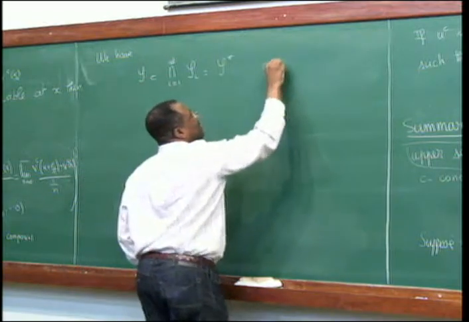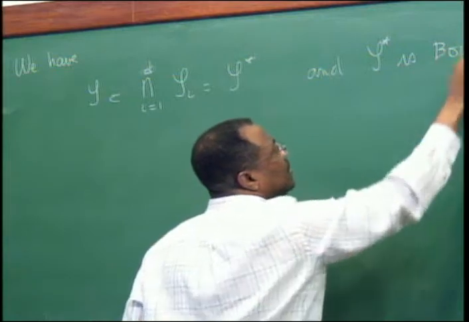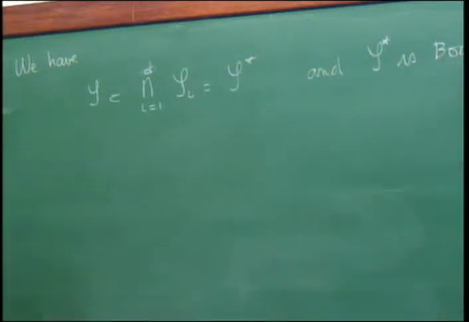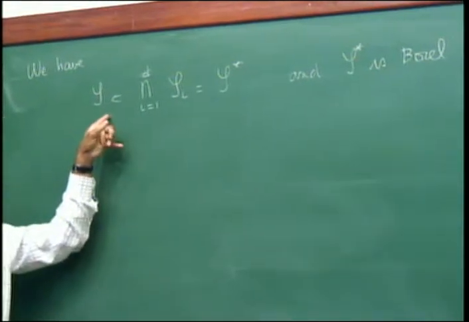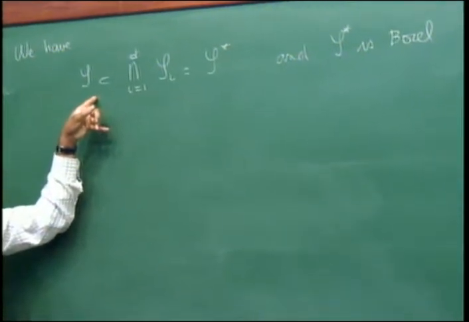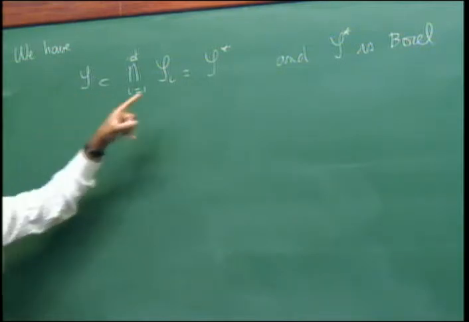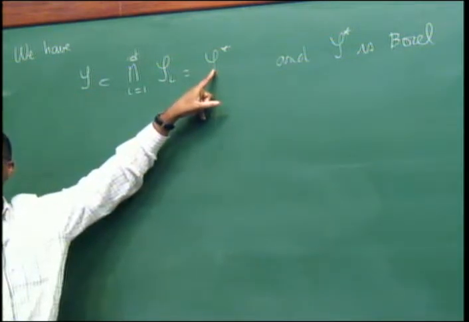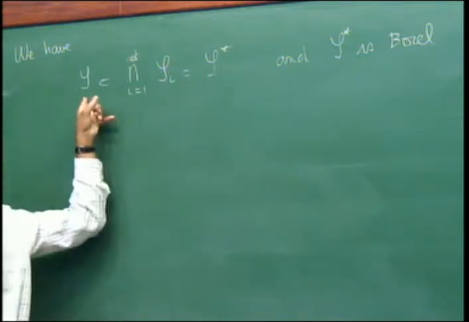And S star is Borel. This set is a set of full measure, because it is a bigger set, which implies that this set is measurable.